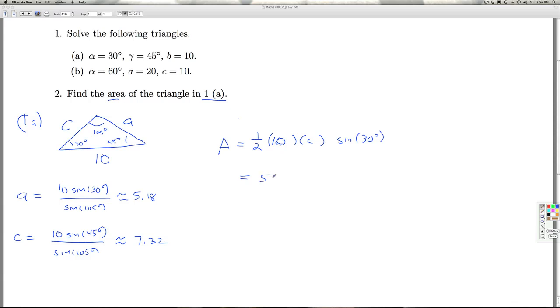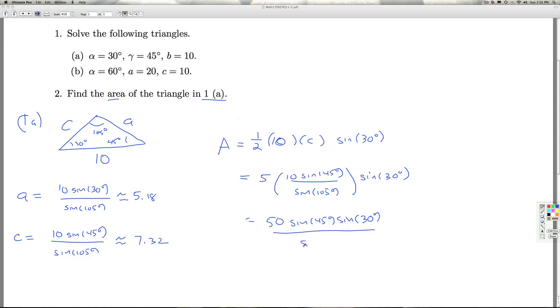So I'm going to have 5 times c, and c is this, times the sine of 30 degrees. And so I have 50 sine of 45 degrees sine of 30 degrees divided by the sine of 105 degrees.